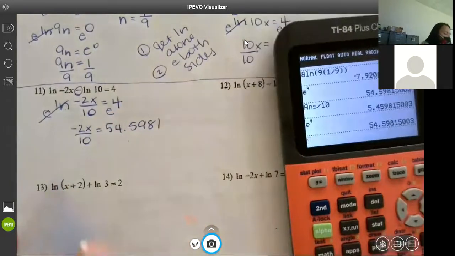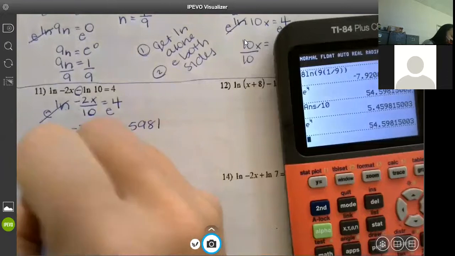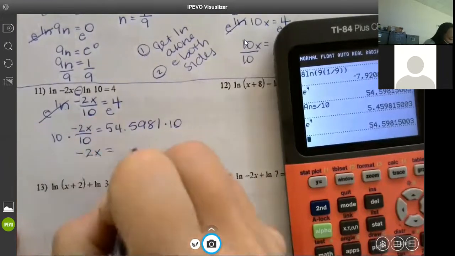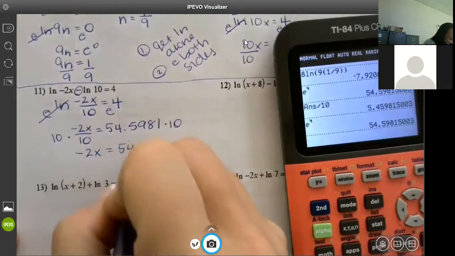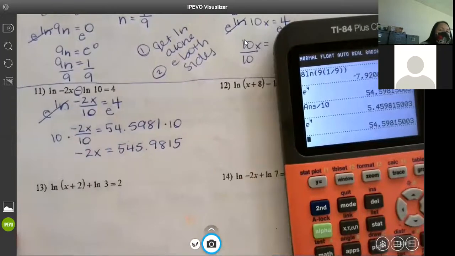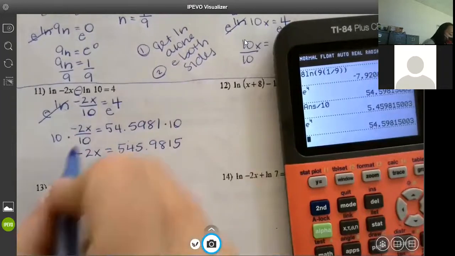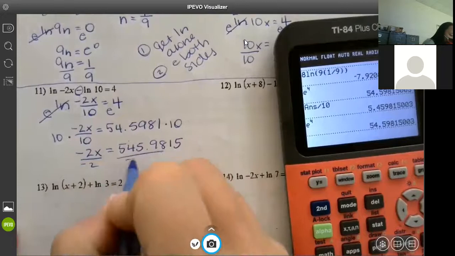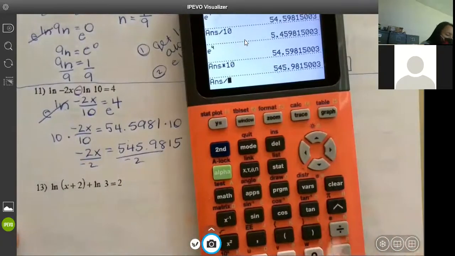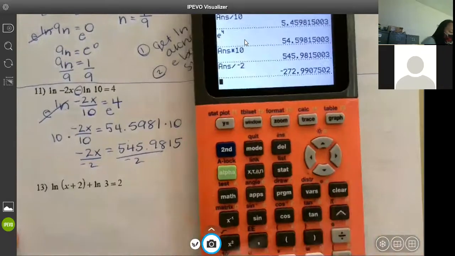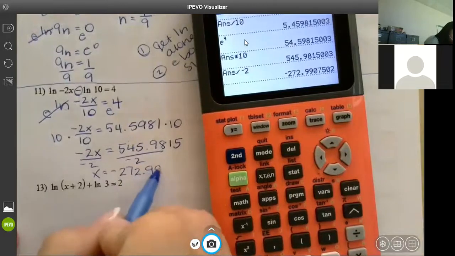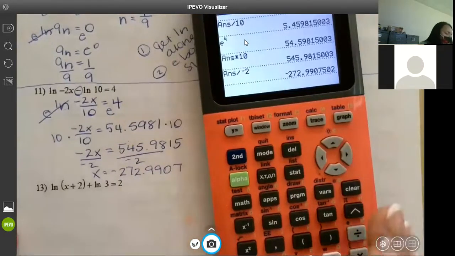And then solve it. How do I get x by itself? The first thing I'm going to do is multiply by 10. So I get negative 2x equals 545.9815. And then we're going to divide by negative 2. I get x equals negative 272.9907.